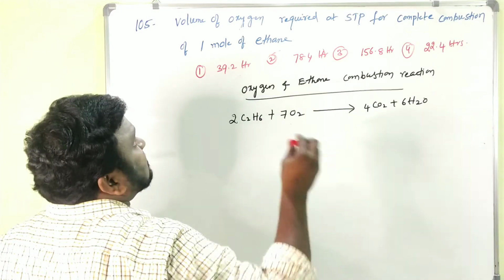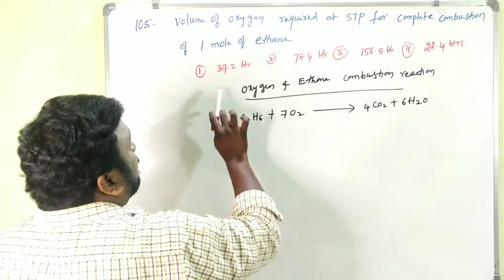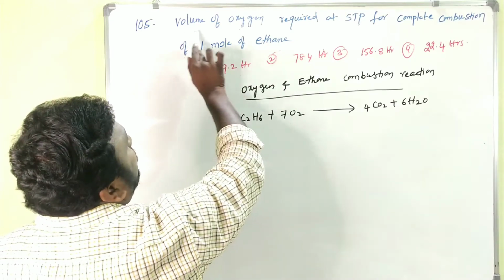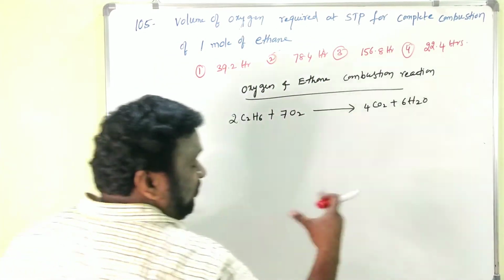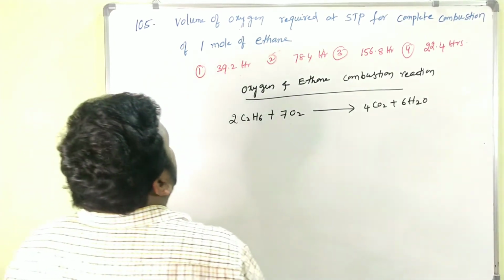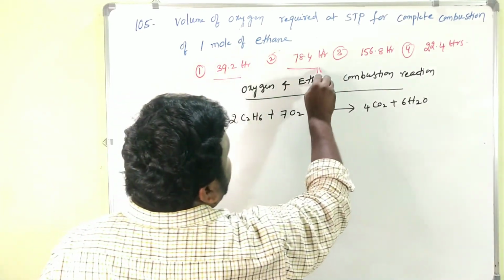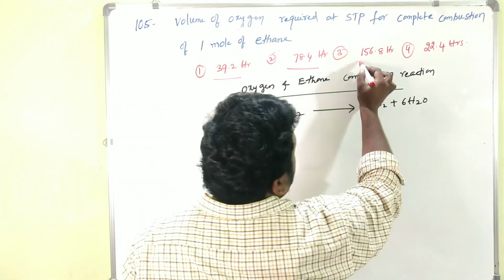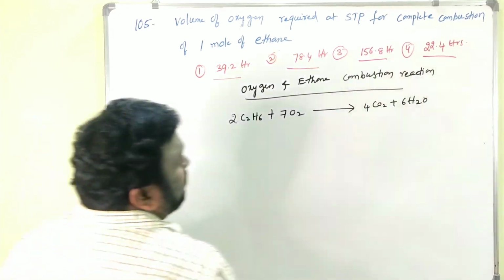For the combustion reaction, oxygen is required for ethane. So how many liters of oxygen are required at STP? Let's go for that. First option 39.2 liters, second option 98.4, third option 156.8, and fourth option 22.4 liters.